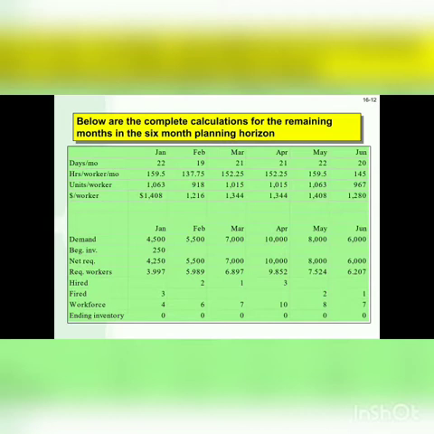And in the month of May, you will fire 2 because the requirement is only 8. And in the month of June, you will fire 1, and the total requirement will be 7. And ending inventory in the chase strategy is always 0. So you can see here the chase strategy explains that the ending inventory is 0.